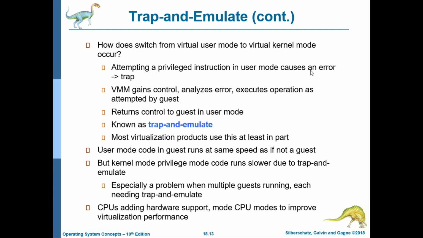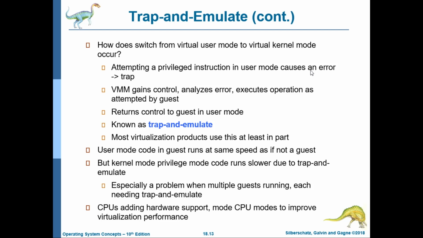The user mode code in the guest runs at the same speed as if not a guest. But kernel mode privileged code runs slower due to trap and emulate. It is especially a problem when multiple guests are running, each needing trap and emulate. So for your computer system, even though it can handle multiple guest operating systems at the same time, if you are really serious with your operating system, as much as possible, just run one virtual machine at a time.